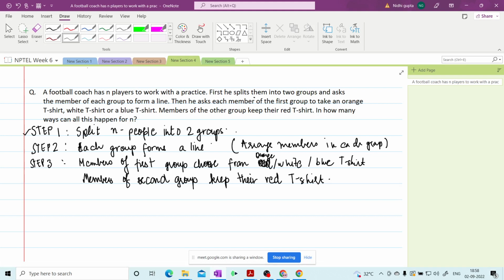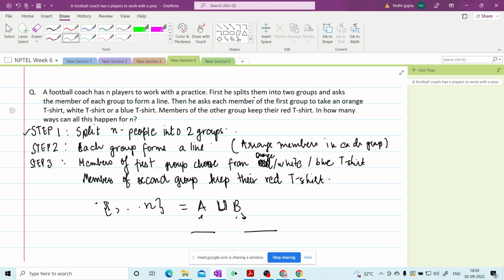So if we have these n people, we split them into two groups, say A and B. Whatever the people in A are, we arrange them in a line, and whatever the people in B are, we arrange them in a line.